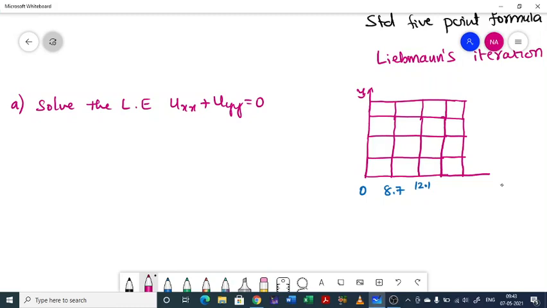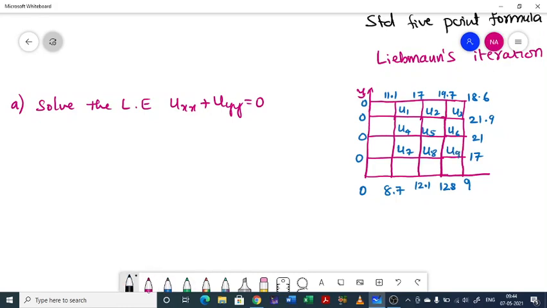So 12.1, 12.8, 12.8 and 9, and here the values are 0, 0, 0, 0 and 11.1, 17, 19.7, 18.6, 21.9, 21, 17, and these are the values given as u1, u2, u3, u4, u5, u6, u7, u8, u9.